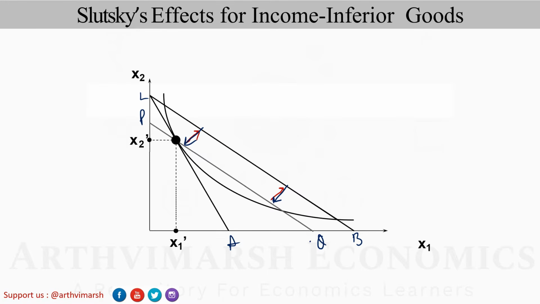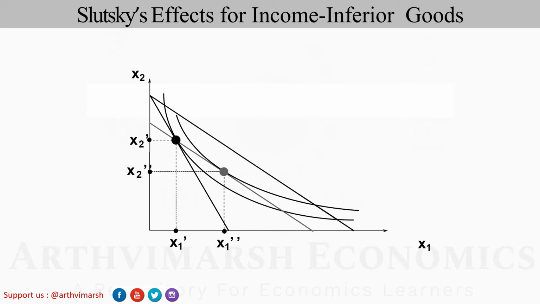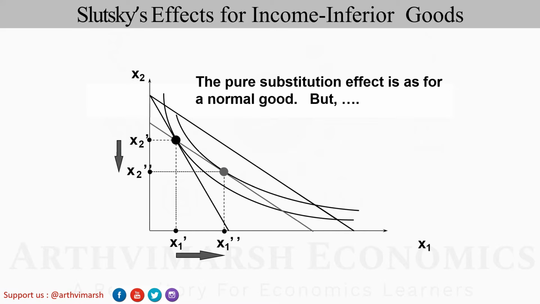So PQ is the budget line showing how much income should be taken away to get back to the original consumption bundle. Now for the indifference curve to obtain the optimal point: on this new budget line, wherever the IC is tangent will be the point of optimal consumption, which is here. We can observe what has happened in the process. X2 has gone down and X1's consumption has gone up.